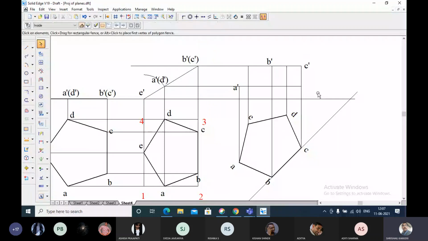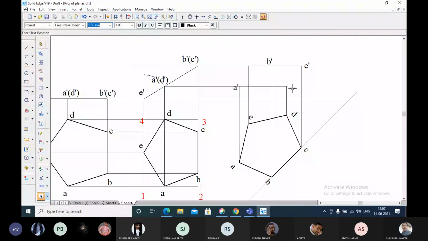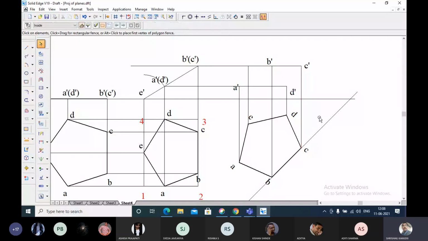And D, this is D and this is D. The intersection happens here. So remove this portion and this portion also. Okay, D, you can see that D and D. D from the front view, this particular D from the top view, this will be point D. And E, this is point E and this is point E, and it is coming on this line itself.